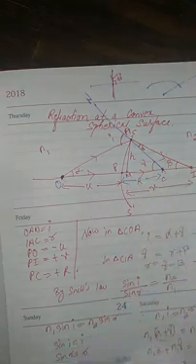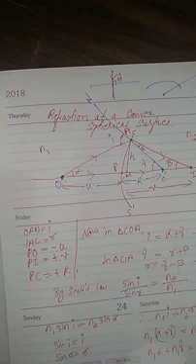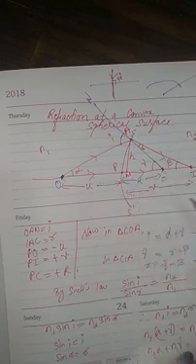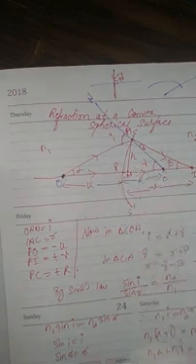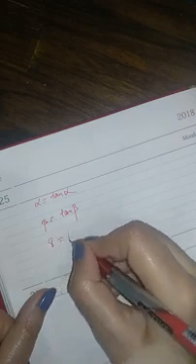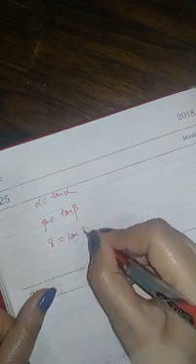And alpha, beta and gamma will be so small that we may replace them by their tangents. So in place of alpha we can write tan alpha, in place of beta we can write tan beta, and in place of gamma we can write tan gamma.